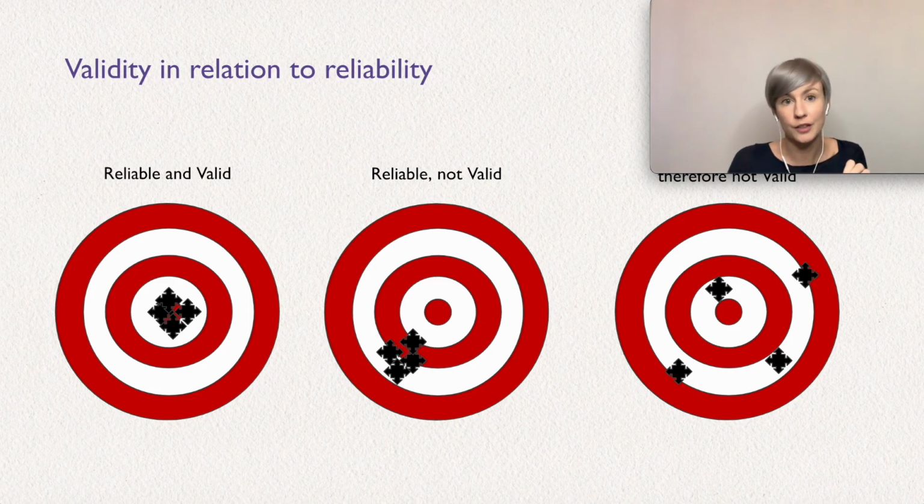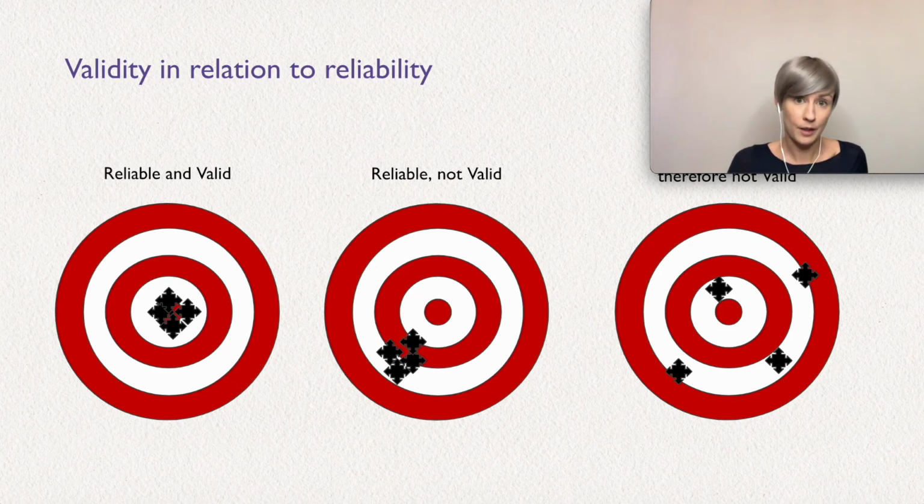The closer clustered together they are, the more reliable. So the first board shows an example of when we are measuring the right thing, validity, and doing it very well with a high precision, that is reliability. So we have high validity and high reliability.